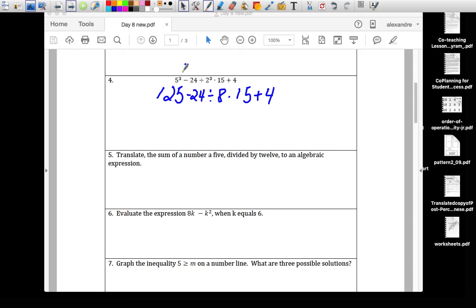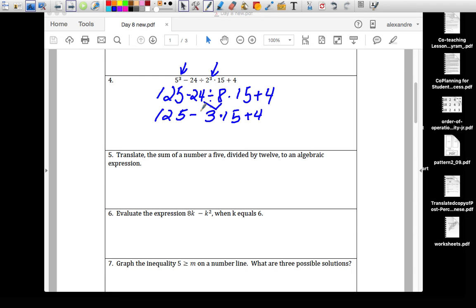Notice the only thing I did was take care of this guy and this guy, my exponents. Now that they're gone, I can do multiplication and division, and I have a division. I'm doing division first because it comes first from left to right, not because it's there first. 24 divided by 8 is 3, times 15 plus 4.